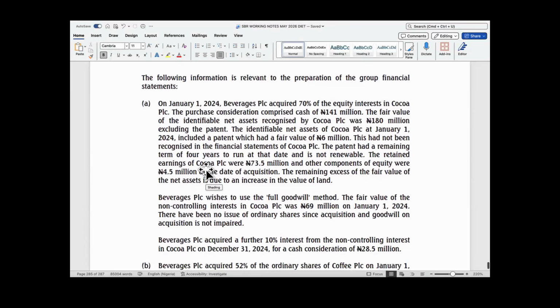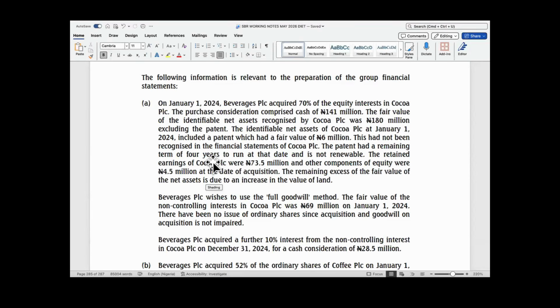And I was told in the second paragraph that Beverages PLC wishes to use the full goodwill method. The fair value of the NCI in Cocoa was 69 million on January 1st, 2024. There have been no issue of ordinary shares since acquisition, and goodwill on acquisition is not impaired. Third paragraph.